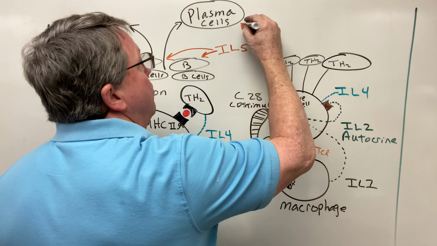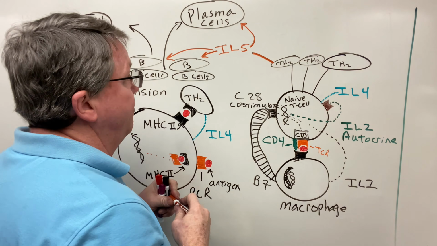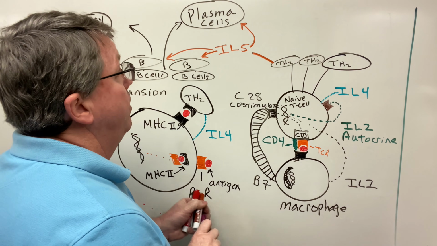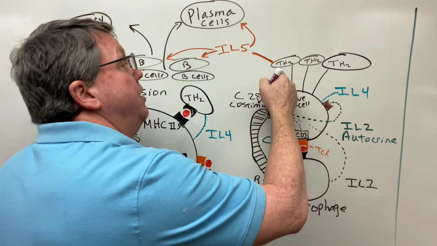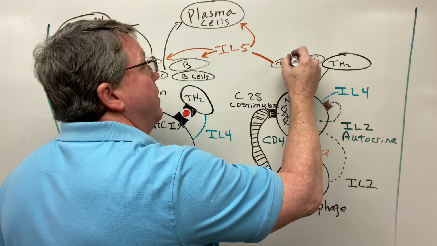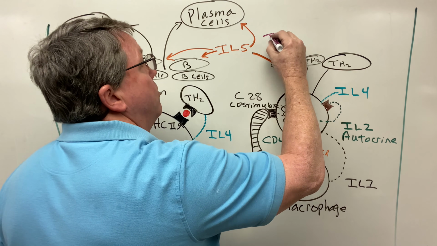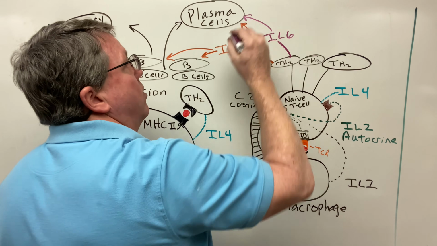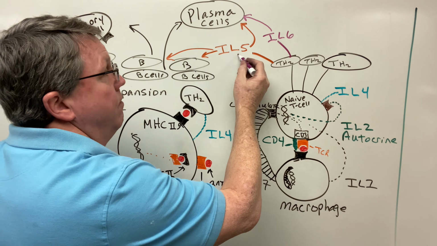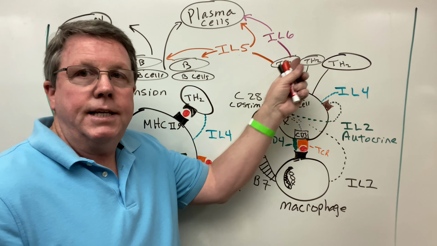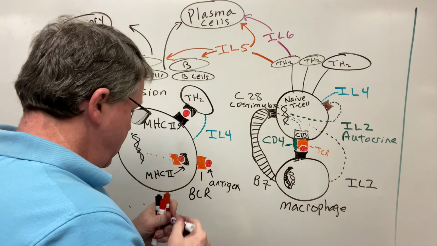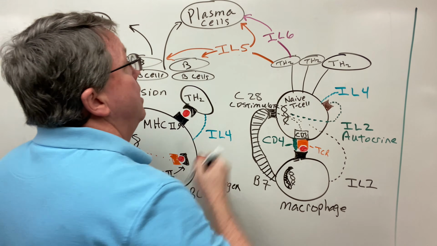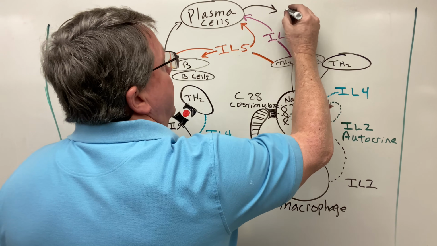It's going to also go on, and it can cause differentiation of my plasma cells. These Th cells also release something called interleukin 6. Interleukin 6 will also work on these, right? So it's interleukin 5 and interleukin 6 working on these. These are going to go on, and they are going to make antibodies.